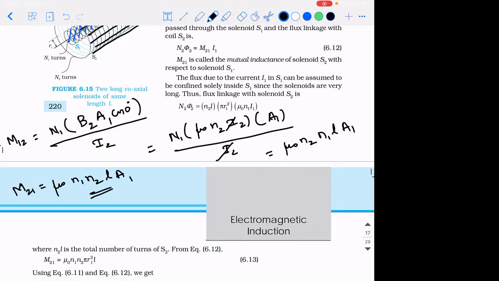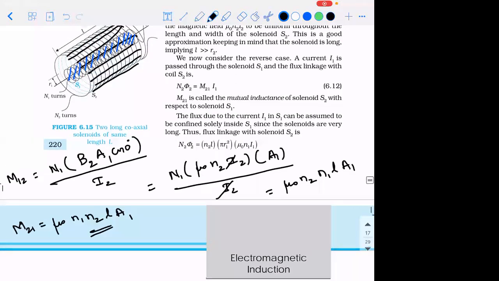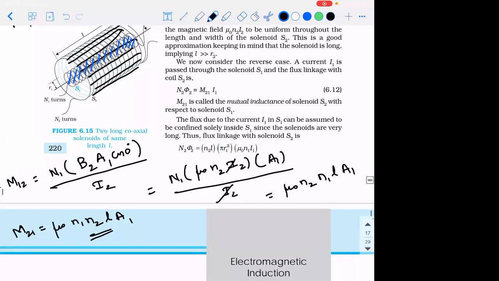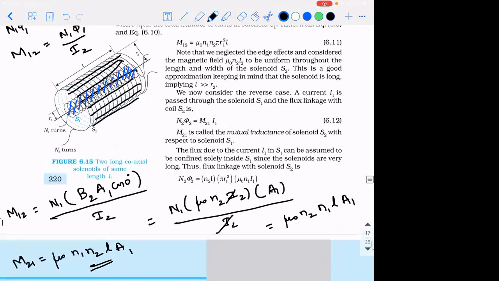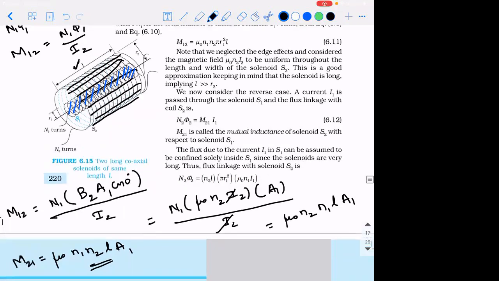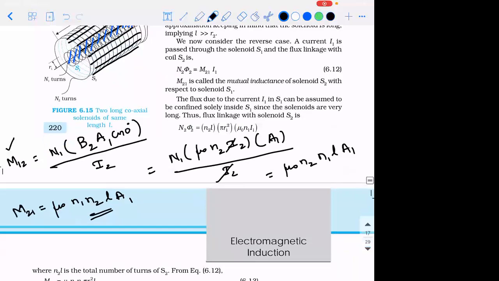Yes, sir. So if you observe in this case, if you take two solenoids and place them coaxially, and they satisfy the condition that they have the same length, then the mutual inductance of the first coil with respect to the second is going to have exactly the same magnitude as that of the second with respect to the first. They both are going to have the same value.